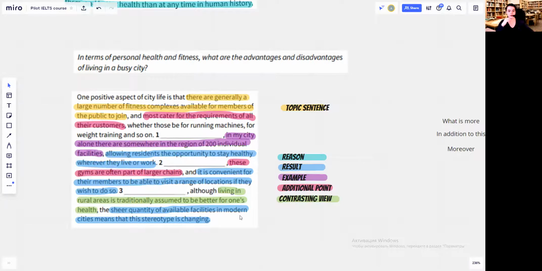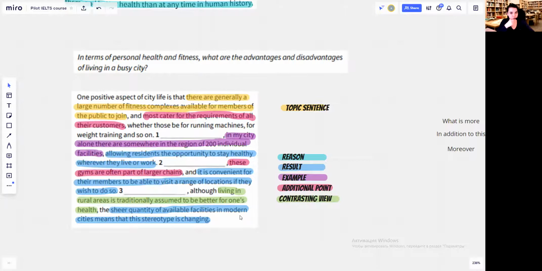But why don't we focus on the green function a little bit, because we didn't actually talk about it much. Now, a contrasting view, as I said, introduces a different point of view, but it still has to support your own original idea. And for this, it is very good to think in terms of linkers of contrast.